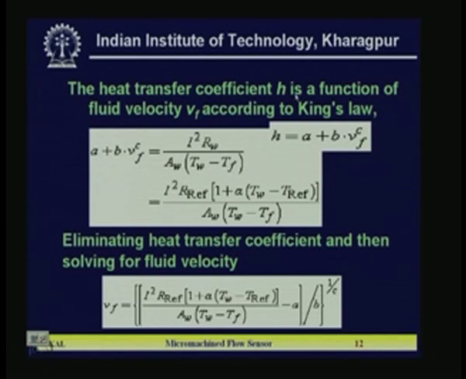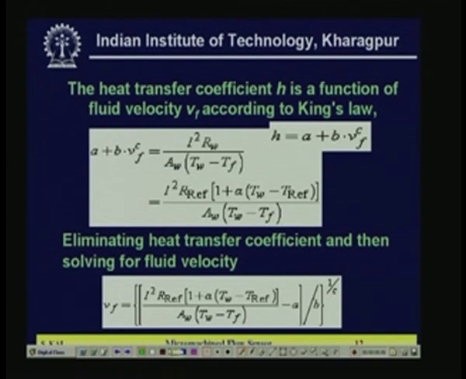Heat transfer coefficient H is a function of fluid velocity Vf according to King's law. Here is the King's law: H is equal to A plus B Vf to the power C, where A, B, C are constants which will be found out from the design structure and physical parameters, Vf is the velocity of the fluid and H is the heat transfer coefficient.